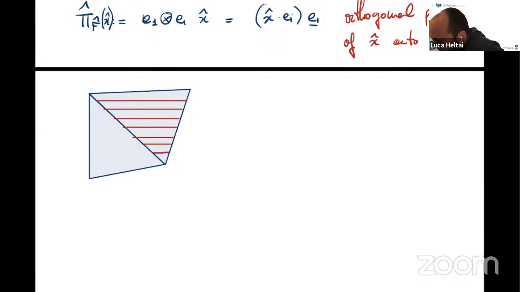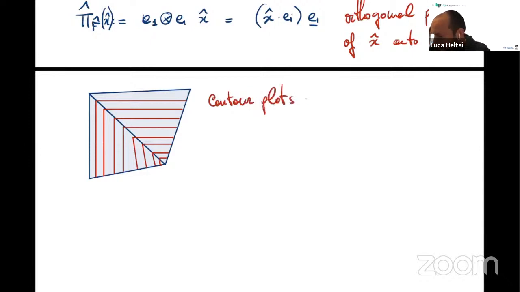And the values of these functions depend on the value on the face, and the same is valid on the other side. So this is an example of the lifting operator of a function v. These are contour plots of the lifting of v for v in P1 of F.